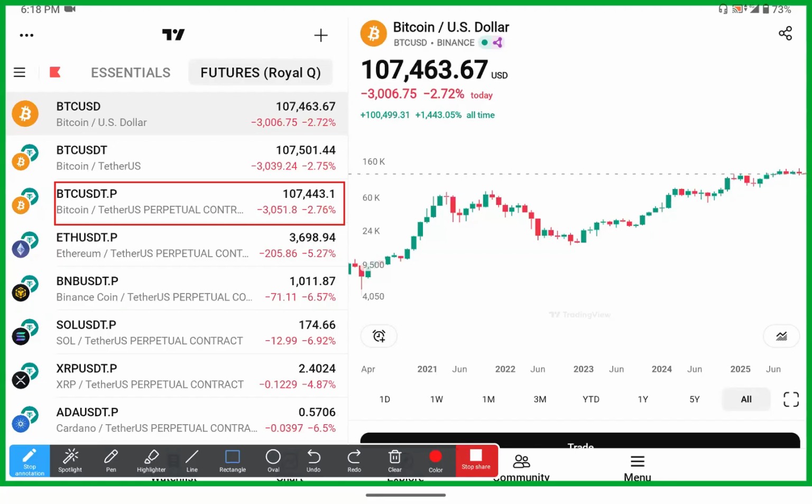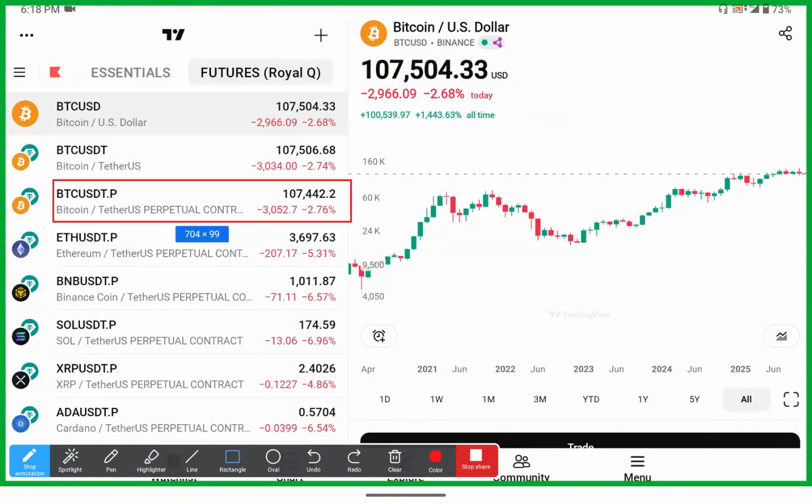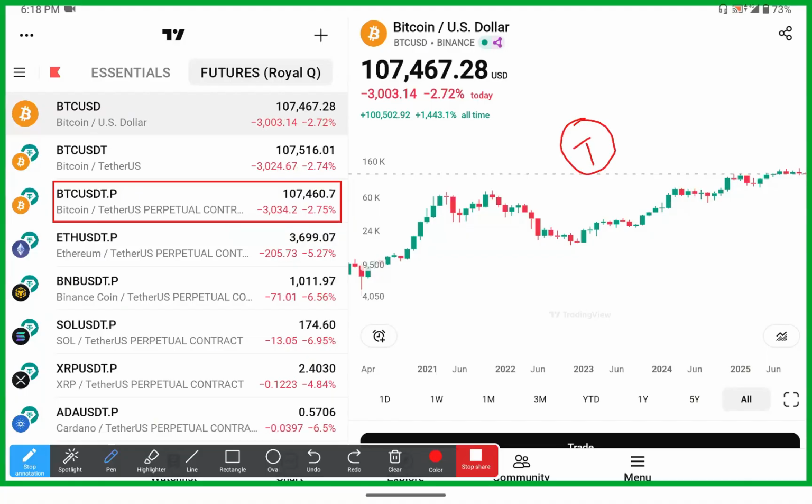Can you take that again, please? Okay, let me explain. The futures contract you see here, futures means you are trading a token, speculating on the futures price. You are speculating that this coin may go high or it may go low within a future price.